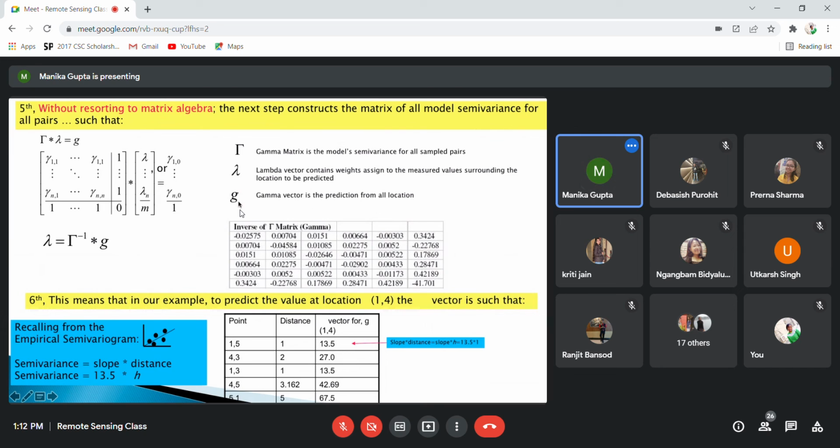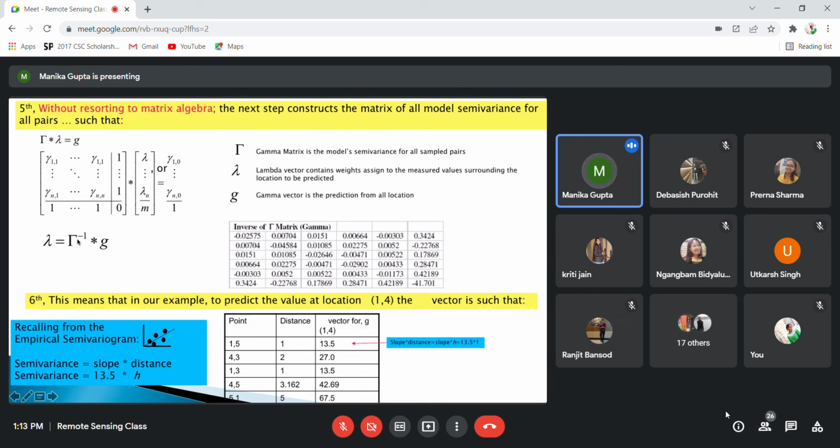This g value you get with the distance between the point and your slope. You have these points from that location and this is the distance from that location, and you get the g value here. The formula is gamma matrix into lambda is equal to g, and you take the inverse of this.